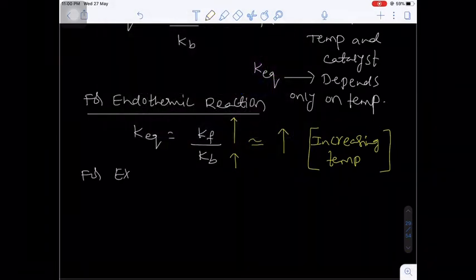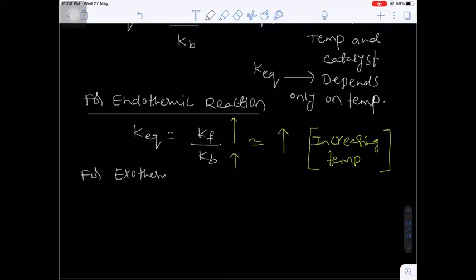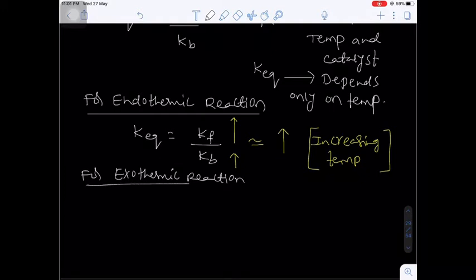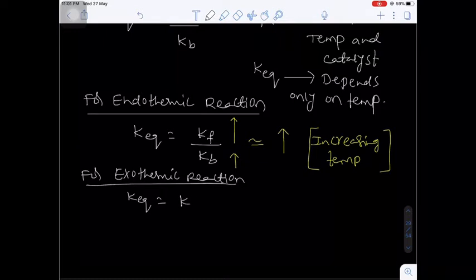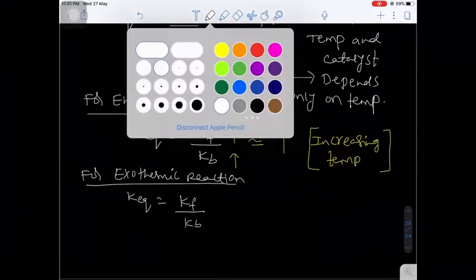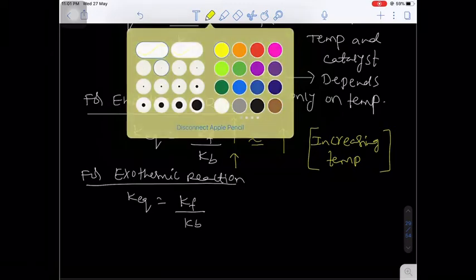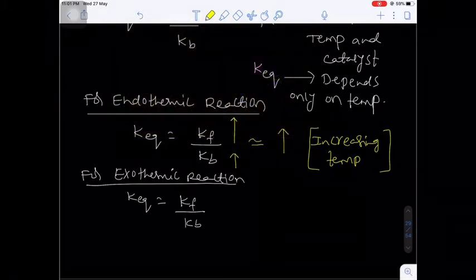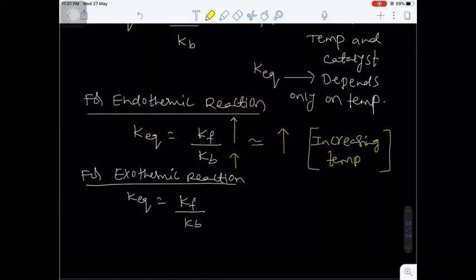But for an exothermic reaction, K equilibrium is Kf by Kb. In exothermic reactions, heat energy is liberated, evolved.